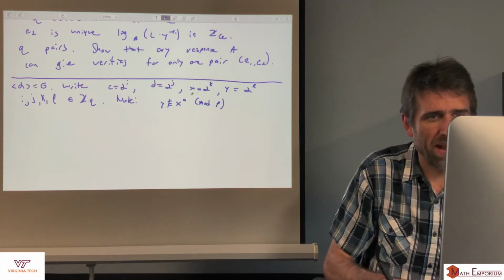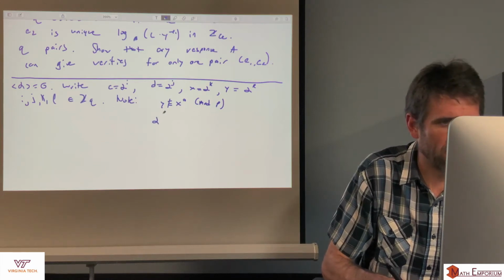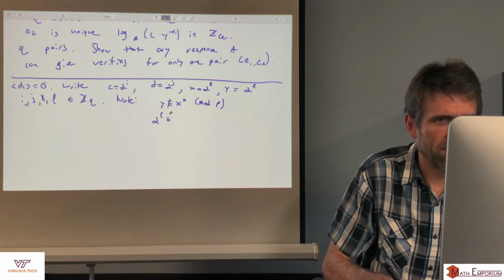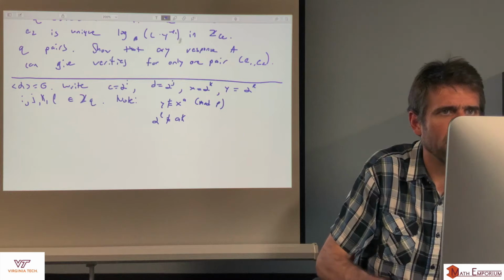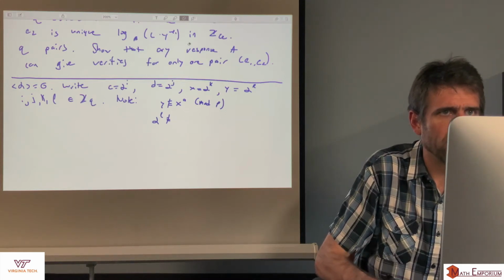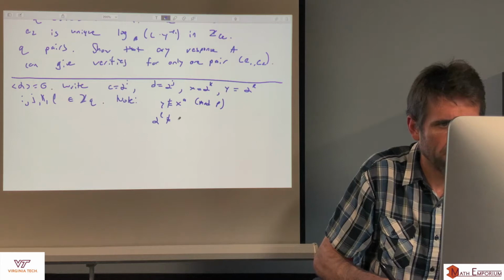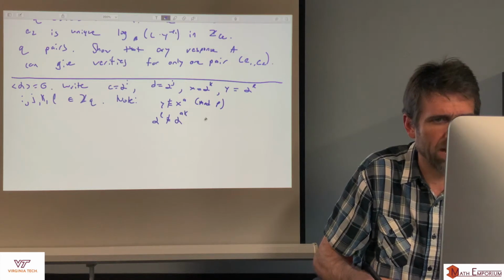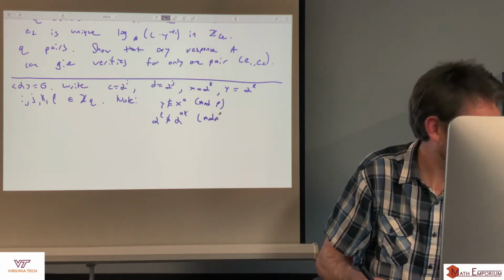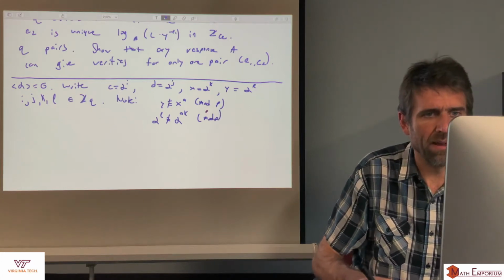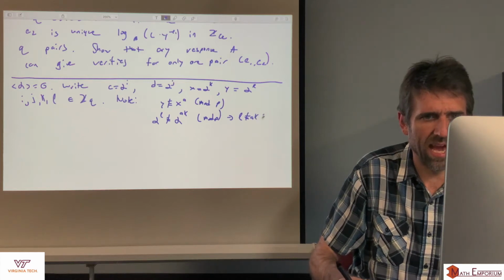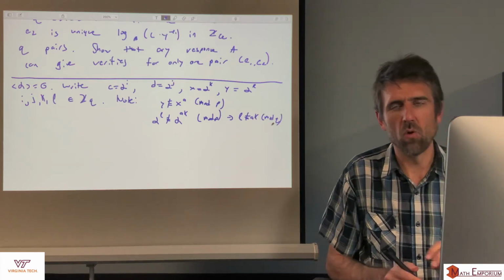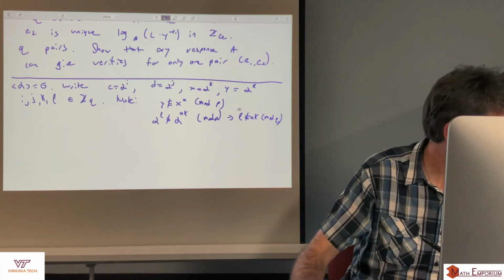I can write that in terms of alpha: alpha to the l is not congruent to alpha to the ka mod p. And then, again, bringing down the exponents, that implies that l is not congruent to ak mod q, since the order of alpha is q.